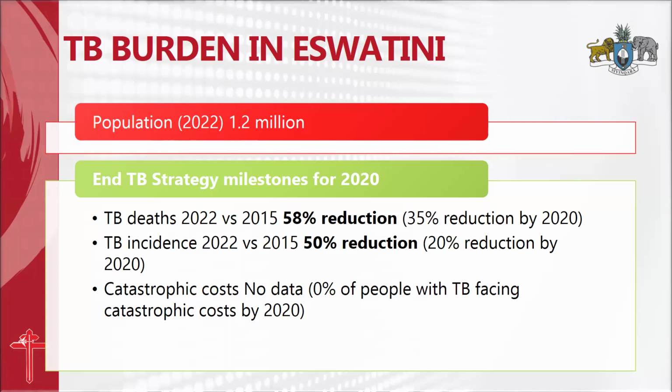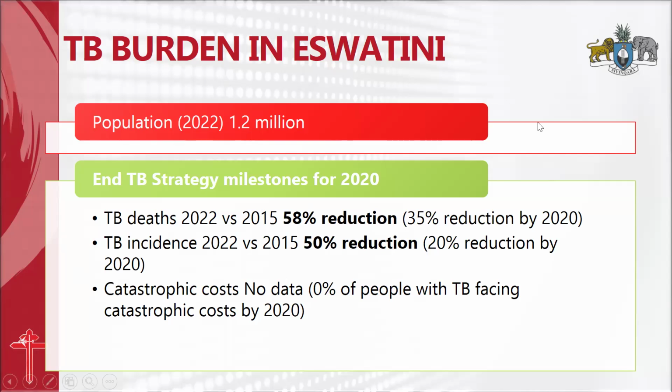The data available is for 2022, where there was a 58% reduction, which means the target was met. For TB incidence, the target was a 20% reduction by 2020, and there was a 50% reduction by 2022 when the data was collected. So that is the background on the TB incidence targets.